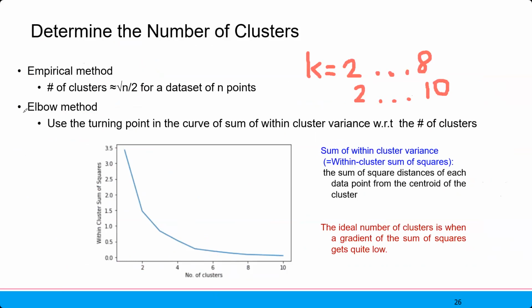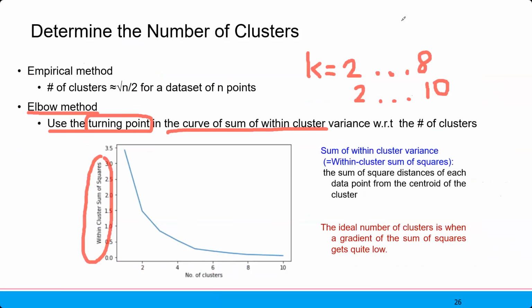In the elbow method, we want to use the turning point. You know what a turning point is? It is on the curve of the within-cluster sum of squares.